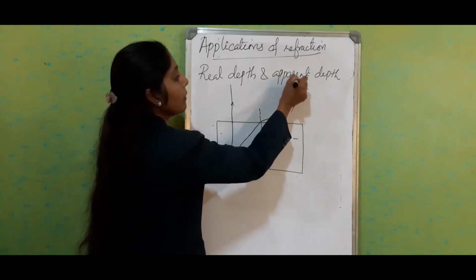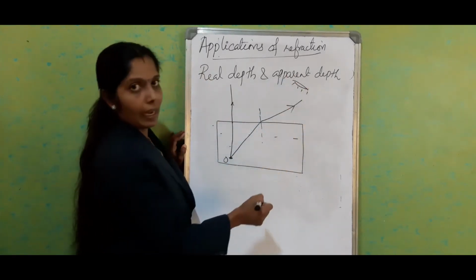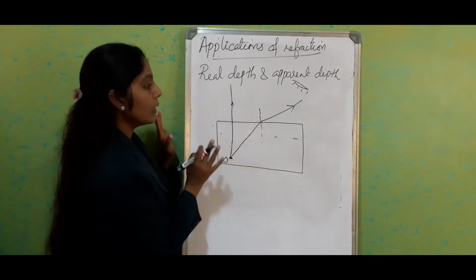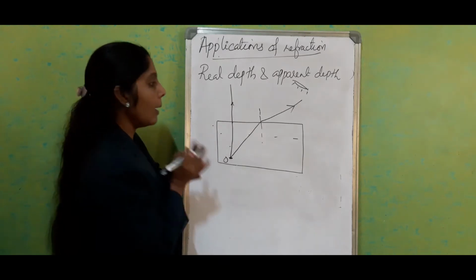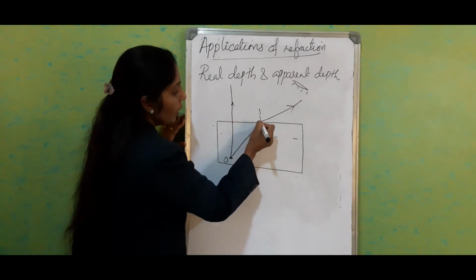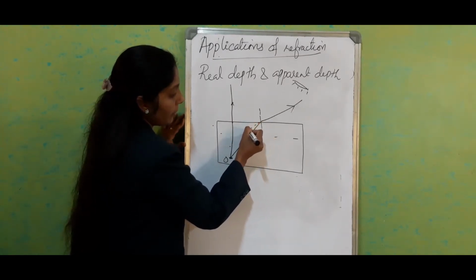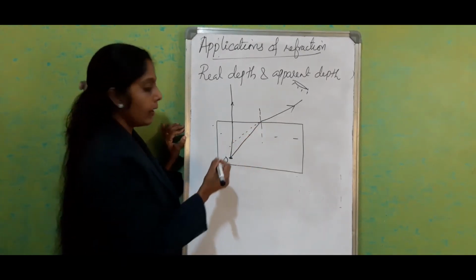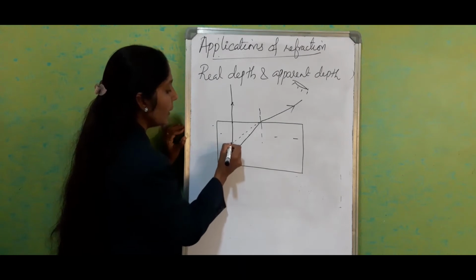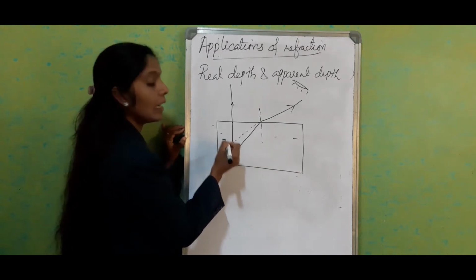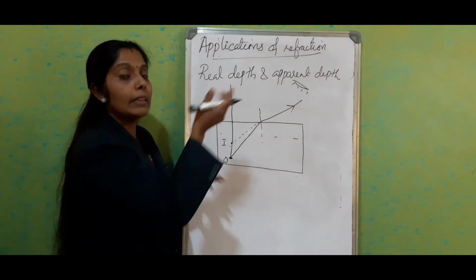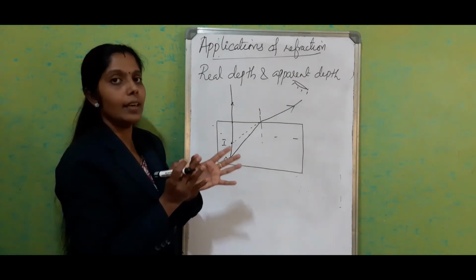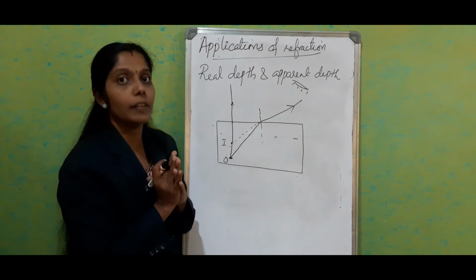You are watching from this position. Okay, this is your eye. Actually these two rays are very close, but for you to understand, I have made them a little apart. So when we extend this line, this will come and join with the first line. So actually the object is here, but we feel like the object is in this position of the image, the virtual image. It's just due to the reason of refraction.